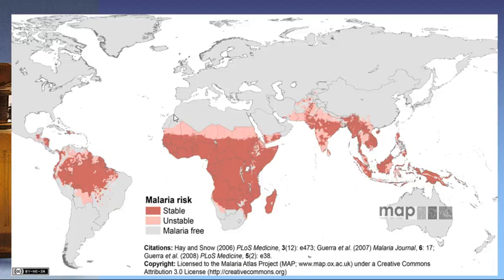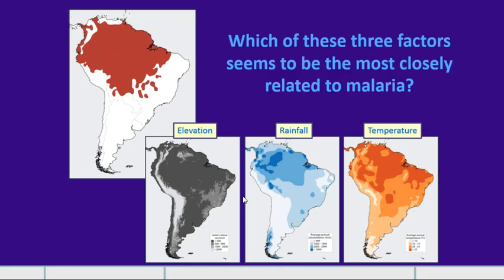Well, temperature could be a thing, but look, the Sahara and the Middle East, super hot, but they don't seem to have a problem. What kind of habitat do you find in all of these places? That would be rainforest, right? So it is going to be rainfall that is the problem. Mosquitoes breed in warm standing water. So while temperature is important, it is the rainfall that is the most important.